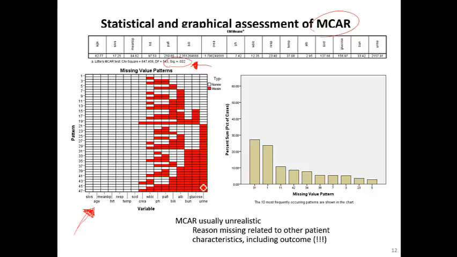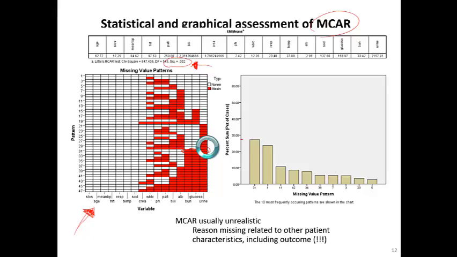But here, there are 47 different patterns, and the most common pattern is 31, where BUN, glucose and urine are missing. About 27% of observations, 450, so 400 patients, are missing all 3 variables.